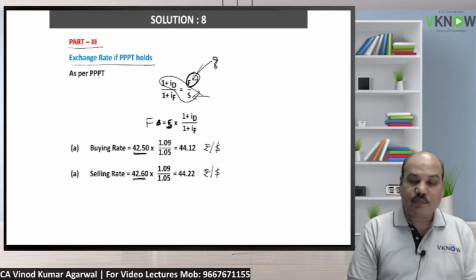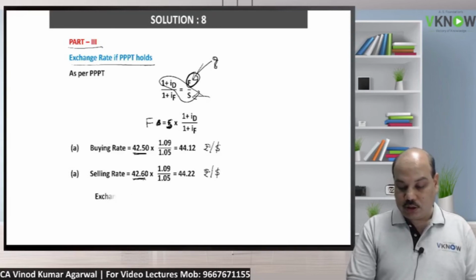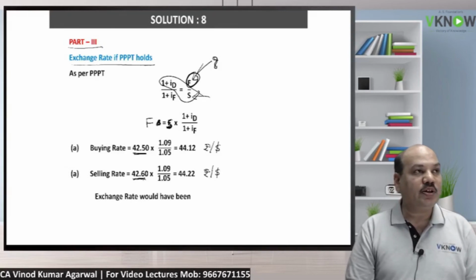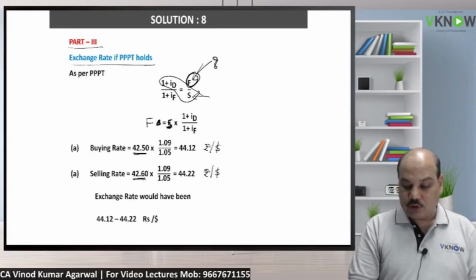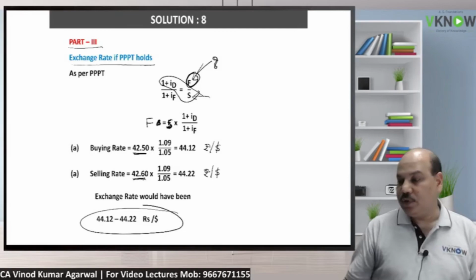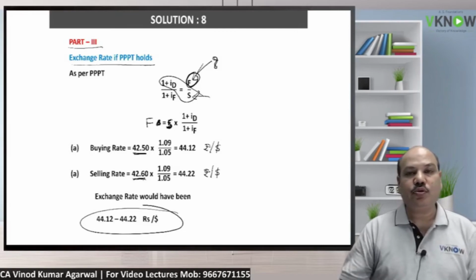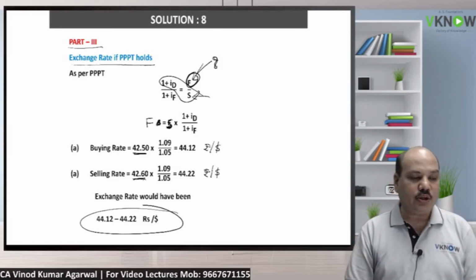Check the answer, 44.22 rupees per dollar. Therefore the final you will present like this. The exchange rate would have been 44.12 dash 44.22 rupees per dollar. So if PPPT holds true, this should have been the exchange rate today.